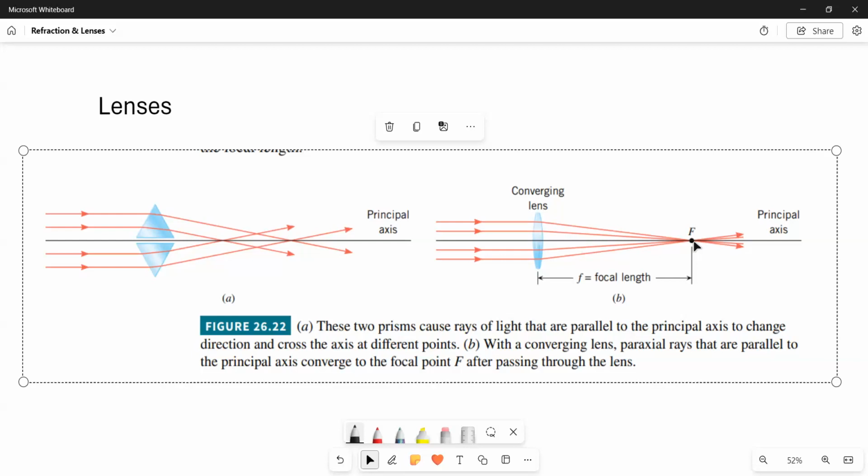They take incoming rays, focus them, and they pass through the focal point. And of course, the length from the center of the lens to the focal point is called the focal length. And you'll see the use of all of that in what we call the lens equation.